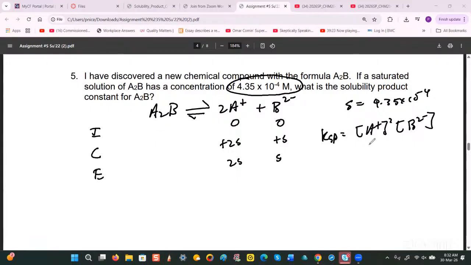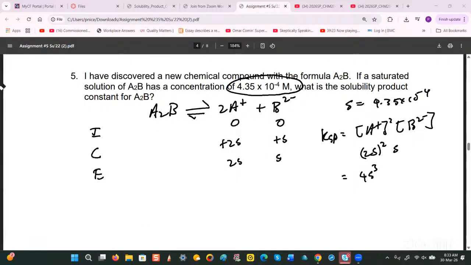For A plus, that would be 2S, and we square that. And then for the B2 minus, that would be S right here. So therefore, this would be 4S cubed, which is equal to the Ksp. Oh, I'm sorry. We're finding the Ksp, not S, because S is given.